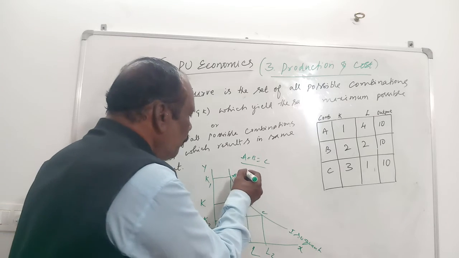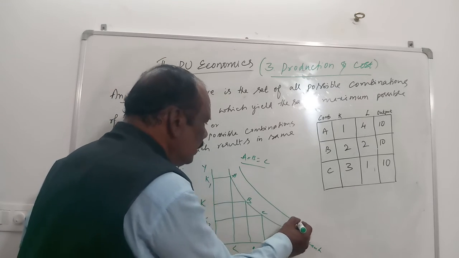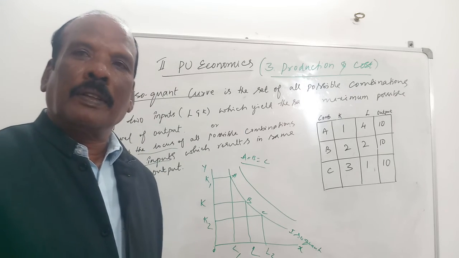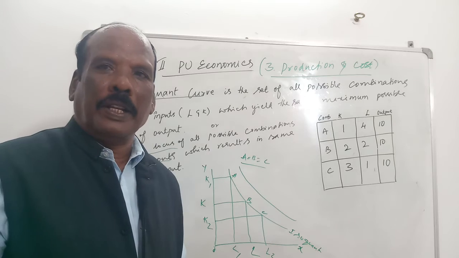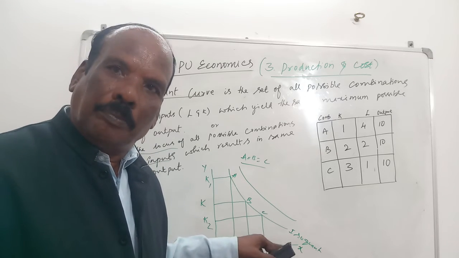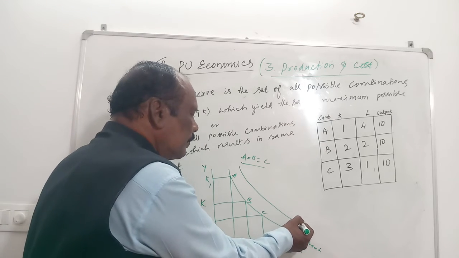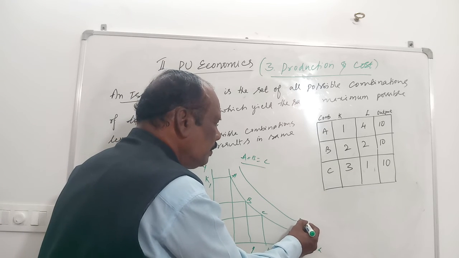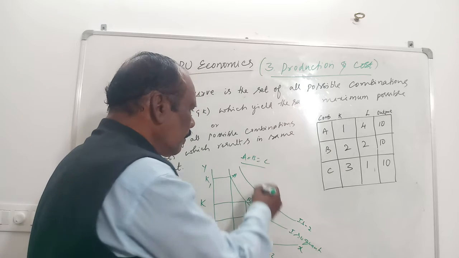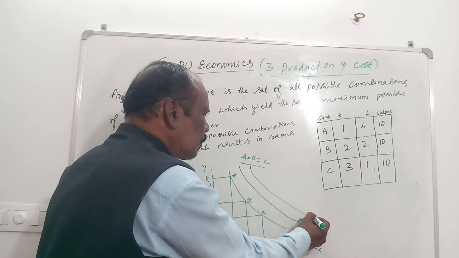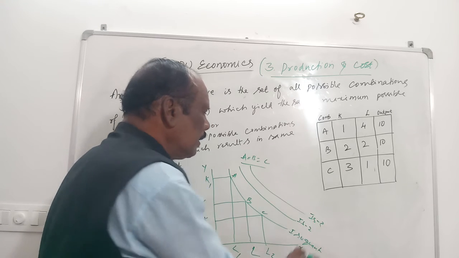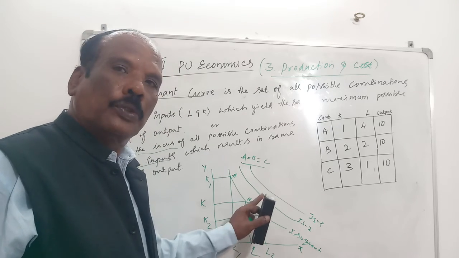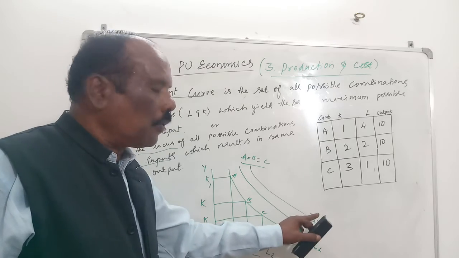So when you increase the output by increasing the combinations of inputs, this shifts rightwards and say isoquant curve 2, isoquant curve 3, like that. So you don't worry about these two, isoquant 2, isoquant 3.